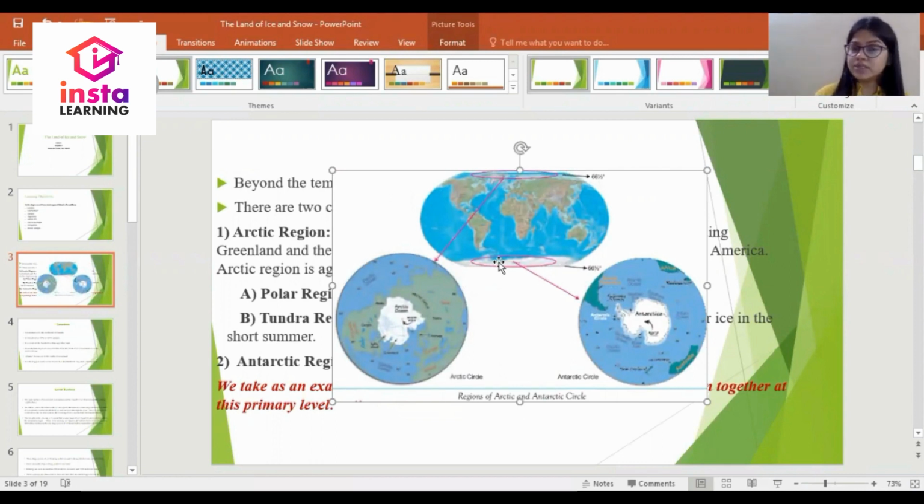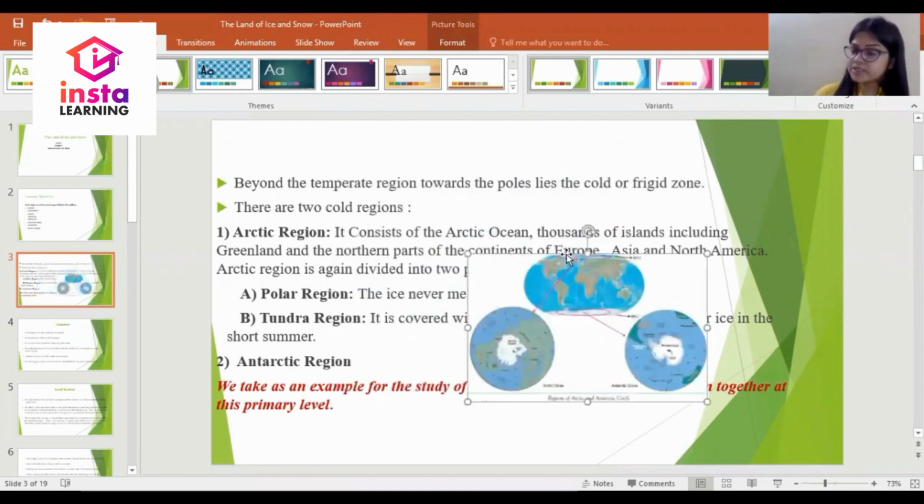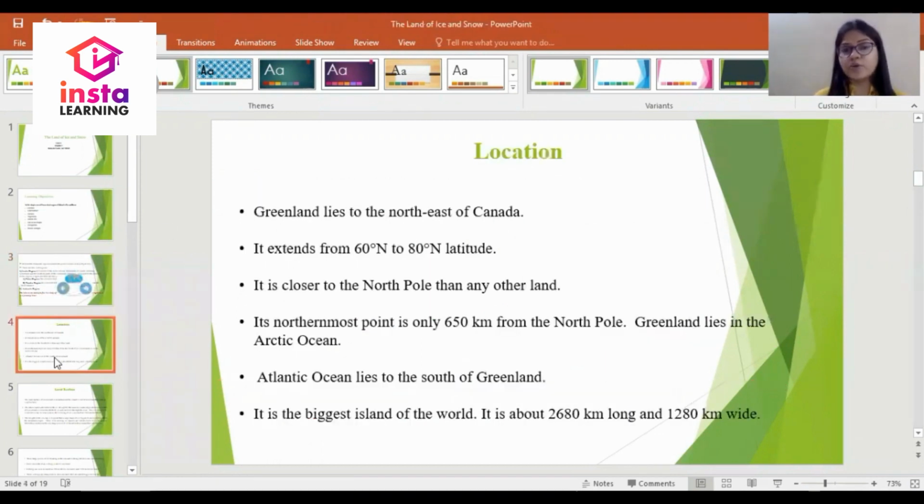This is the pictorial part of the Arctic circle. This is the pictorial part of the Antarctic circle. So, dear student, let's understand the polar region and life of the tundra region. Very first we will understand the location.